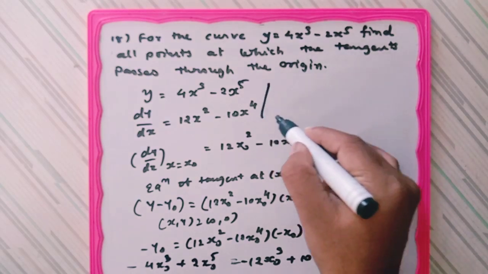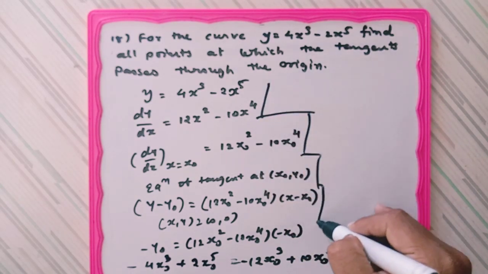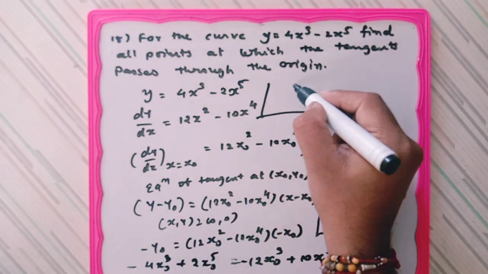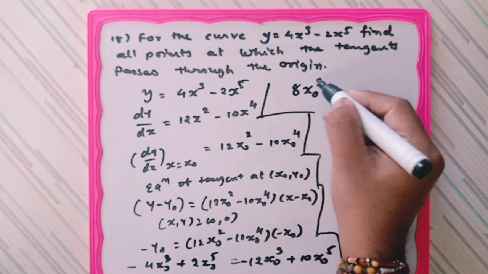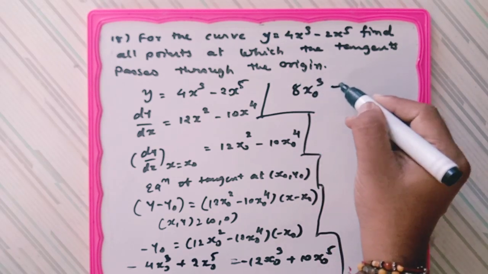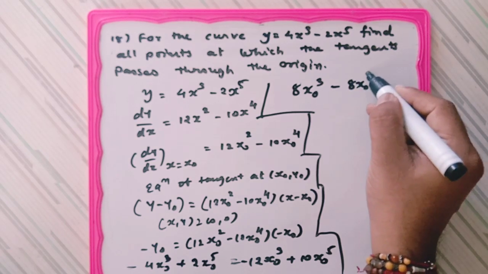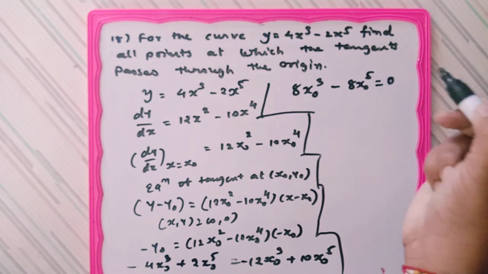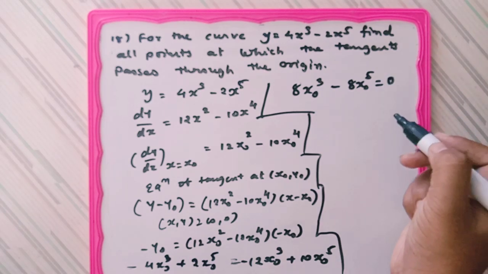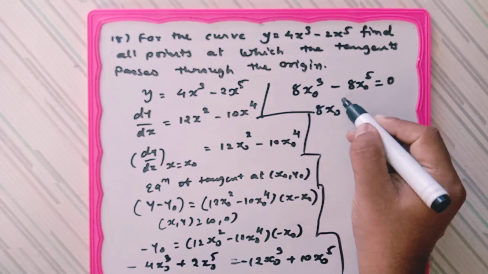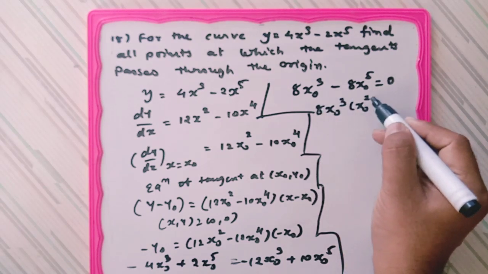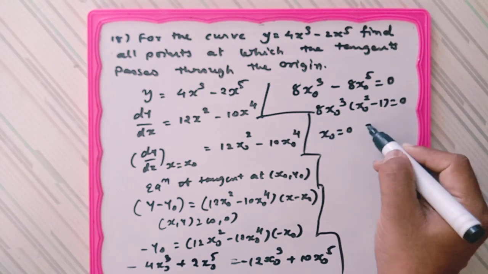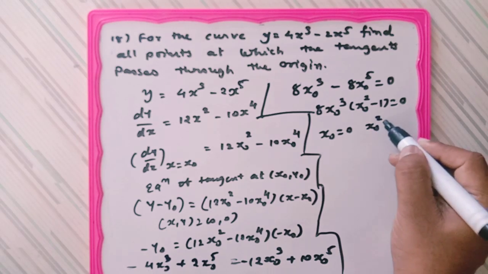And so we will have, minus 12 goes to the other side, 8x0 cube minus 8x0 raised to 5 equals 0. And so taking 8x0 raised to 3 common, then x0 square minus 1 equals 0. So x0 equals 0 or x0 square equals 1.